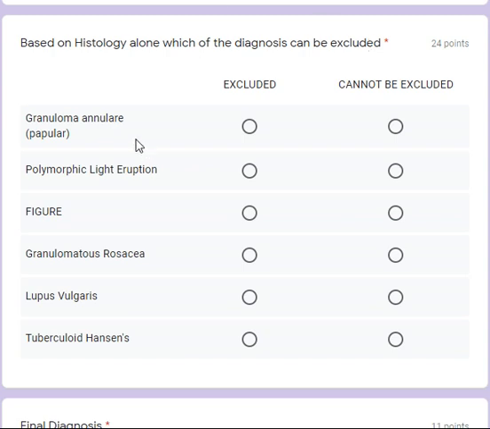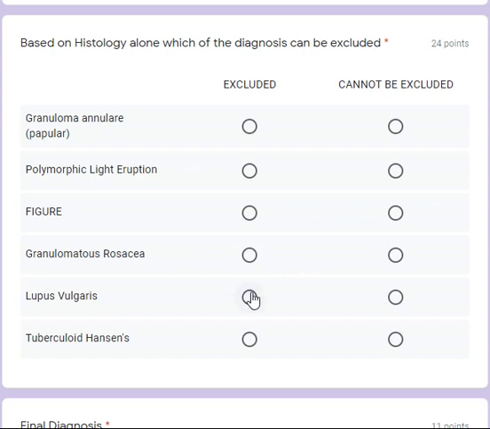Granuloma annulare usually has collagenolysis, and so that can be excluded here. This is not papular GA, and you don't have a lichenoid granulomatous pattern in granuloma annulare. PLE is not granulomatous, so definitely excluded. FIGURE and granulomatous rosacea, I have to mention, do not typically have a lichenoid and granulomatous infiltrate. But just because there is a lichenoid infiltrate, you don't exclude these diagnoses.